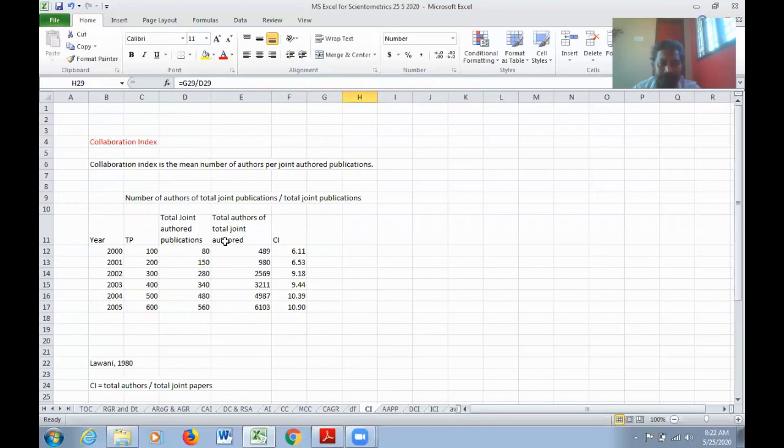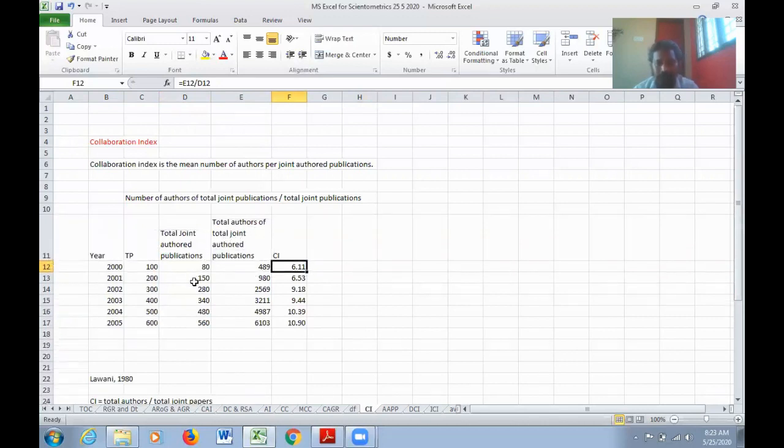The first one says number of authors of total joint publications divided by total joint publications. Fine. So it's nothing but the mean number of authors, the average number of authors per joint author publication. You take all the authors of joint author publications and divide by total joint publications, and you get the collaboration index. For example, E12 is the total authors of total joint author publications.